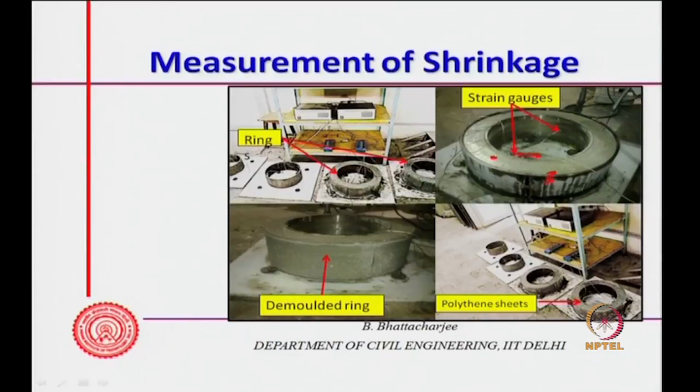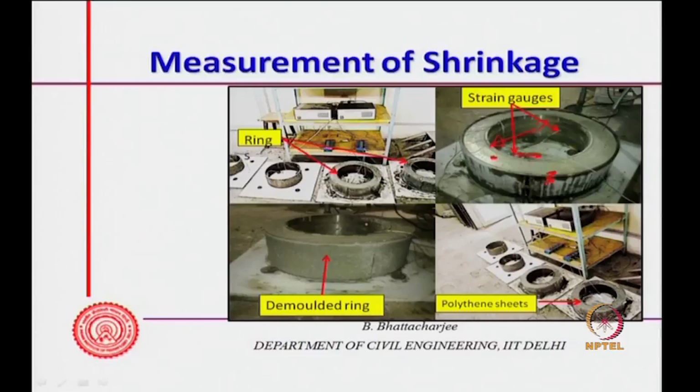So, it is covered with polythene. Now, you have strain gauges, and you can go on recording the strain, because as the shrinkage occurs, this dimension will try to reduce, because the inner periphery will try to reduce, and therefore, in turn, it will exert a kind of pressure inside; the perimeter of this will try to reduce.